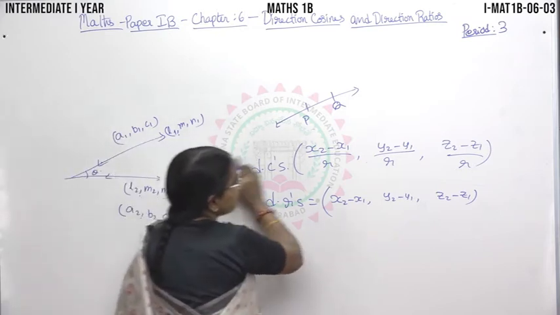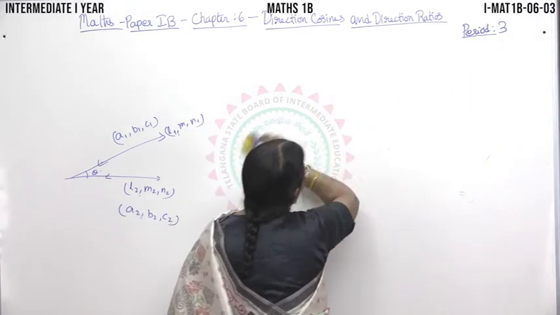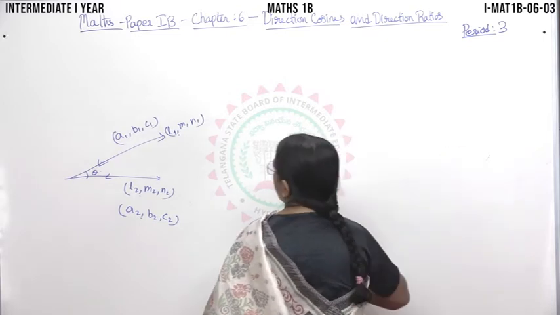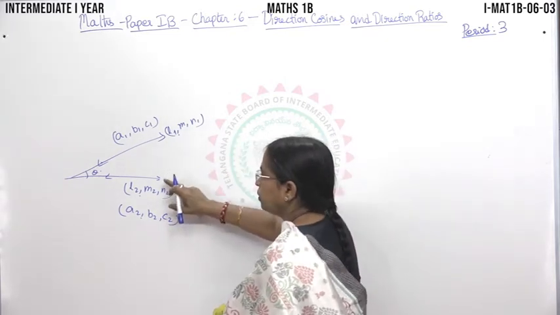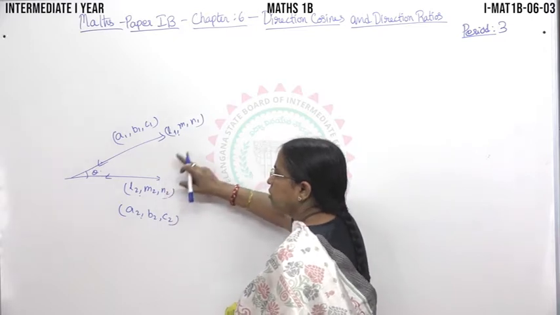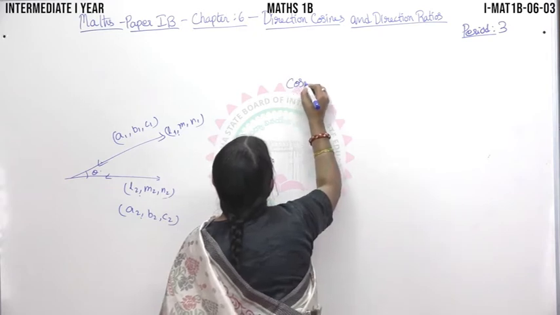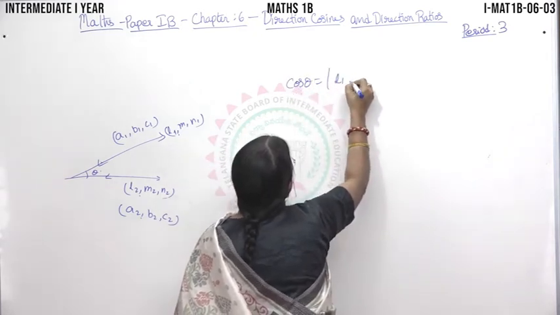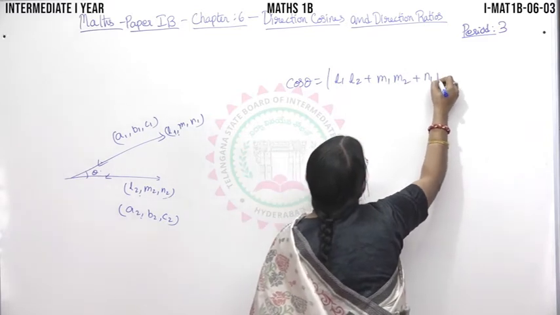So in terms of direction ratios, we have one formula. In terms of direction cosines, we have another formula like this. So suppose that L1, M1, N1, L2, M2, N2 are the direction cosines of both the lines, and theta is the angle between them. Then cos theta is given by the formula L1L2 plus M1M2 plus N1N2. That's all.